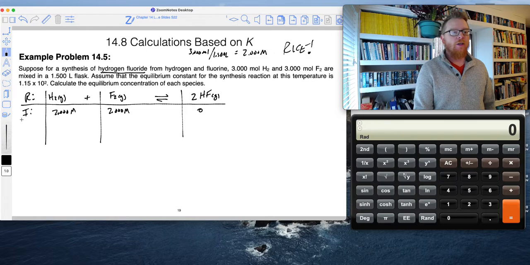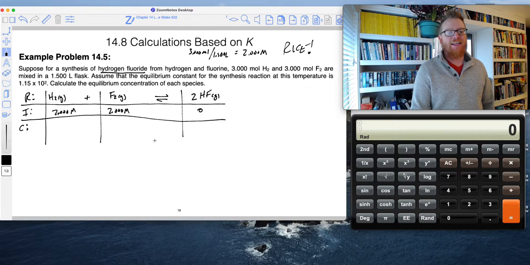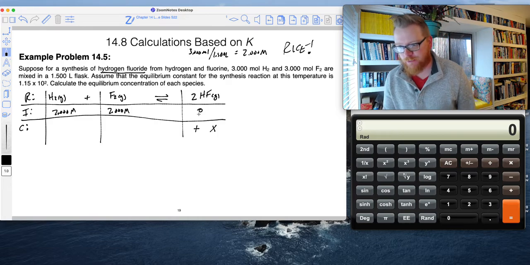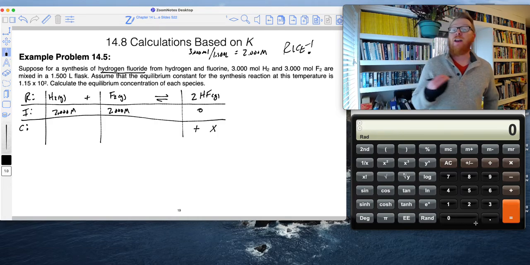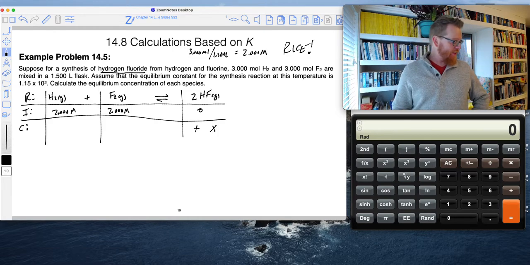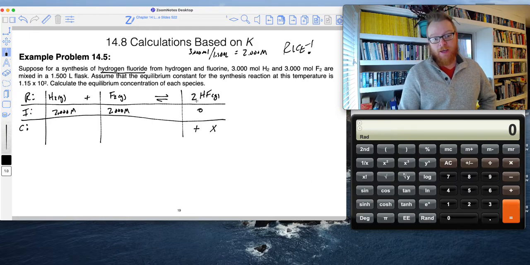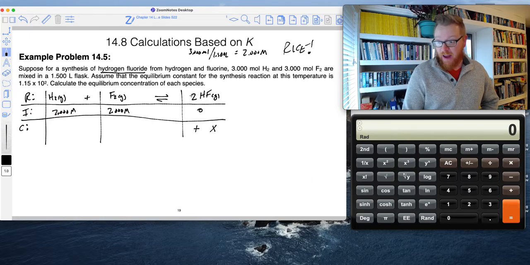Okay? So now this is actually going to make calculating our change column pretty easy because if this is 0, this has to be a plus x. Okay? It can't decrease from 0. It has to increase. And also, this is the first time that we're seeing some stoichiometry. So we've got this 2 in front of HF.